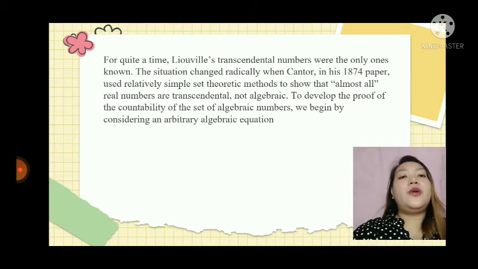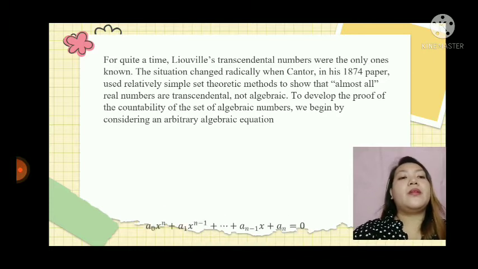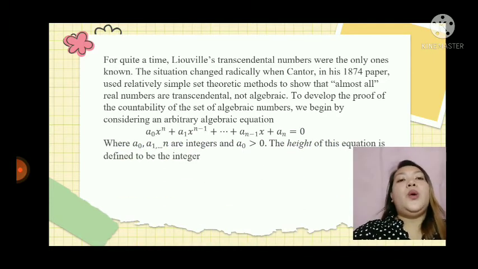To develop the proof of the countability of the set of algebraic numbers, we begin by considering an arbitrary algebraic equation a_0 x^n + a_1 x^(n-1) + ... + a_(n-1) x + a_n = 0, where a_0, a_1, ..., a_n are integers and a_0 is greater than 0.